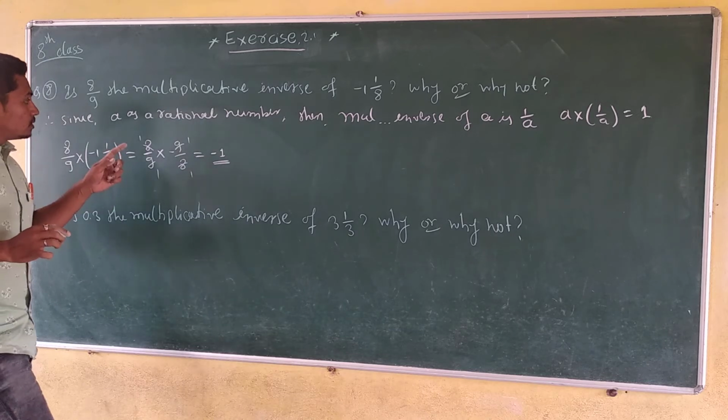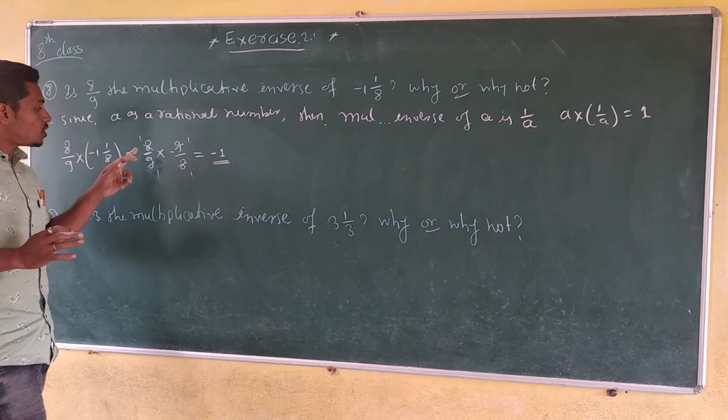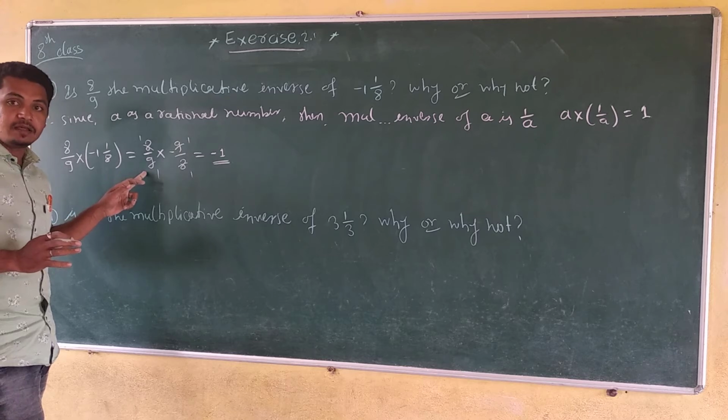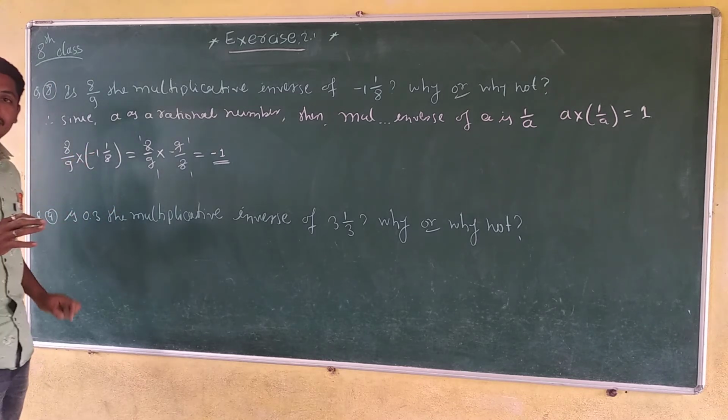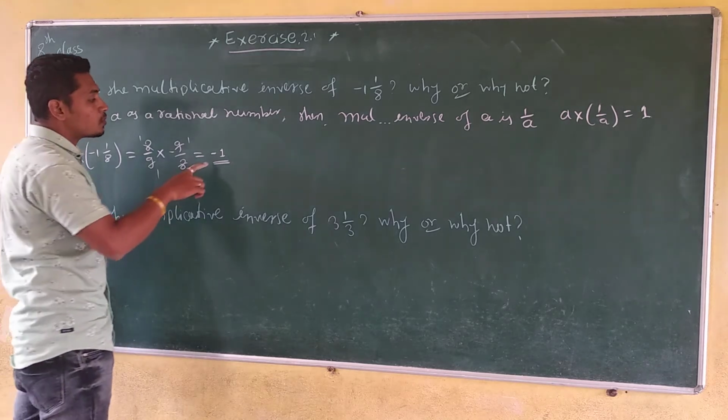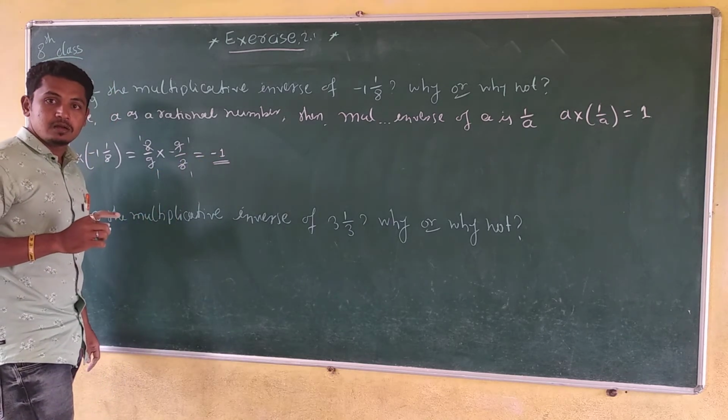So 8 divided by 9 is not the multiplicative inverse, because their product is minus 1.